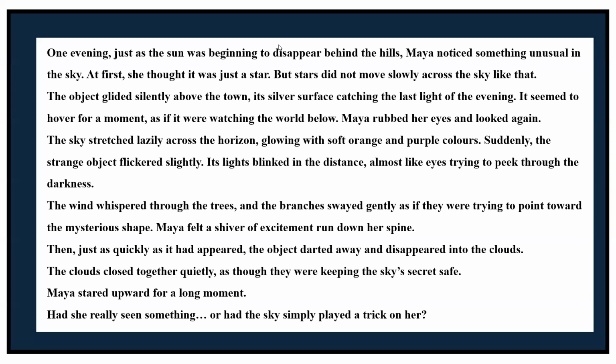Maya felt a shiver of excitement run down her spine. Then, just as quickly as it had appeared, the object darted away and disappeared into the clouds. The clouds closed together quietly, as though they were keeping the sky's secret safe. Maya stared upward for a long moment. Had she really seen something, or had the sky simply played a trick on her?